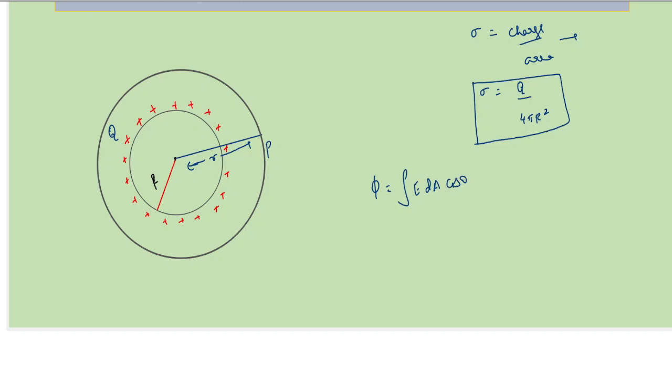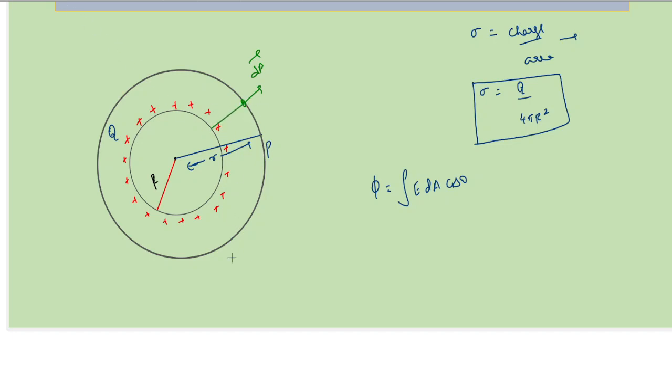If we take a small area somewhere here, the area vector would be normal to that small elemental area, which we call dA. So dA is normal to this sphere, and the electric field also goes out like this.